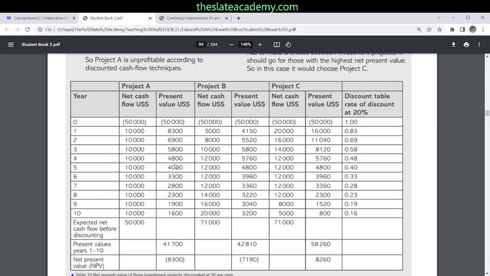So you're using both methods? I'm just using the payback method, but the cash flows that I'm using are the discounted ones, not the actual cash flows. So yes, it would overcome that problem that time value of money isn't taken into account.